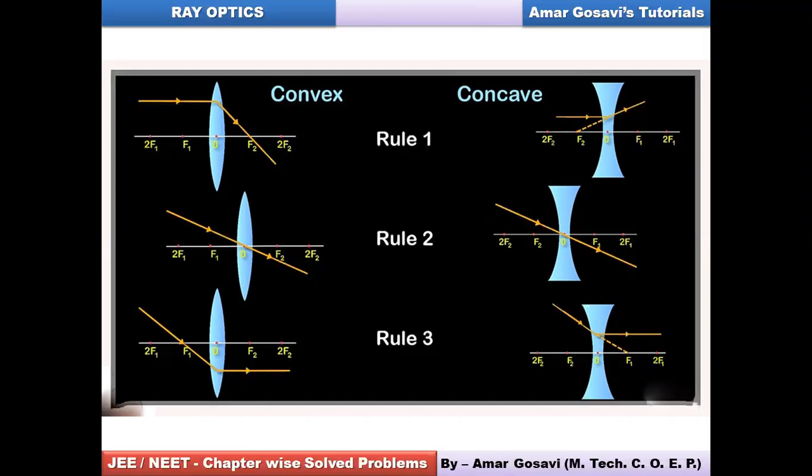Now, for lenses, the image formation will depend on the process of refraction, whereas in the case of mirrors, you have observed the basic cause of formation of image was reflection. Yeah, the concept is of refraction.